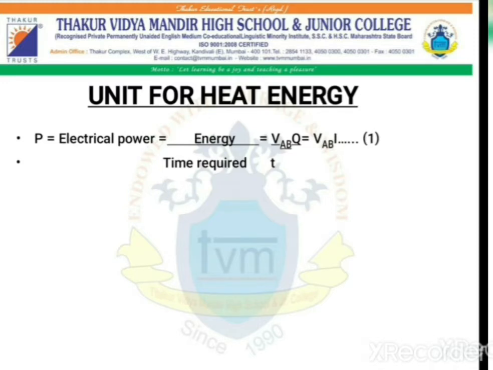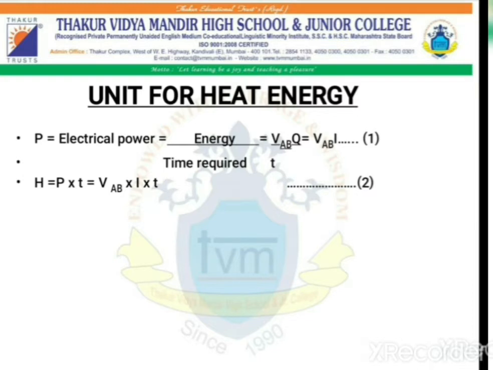Now Q upon t is equal to I, because in the earlier class, 9th standard, we have done Q equals I into t in Ohm's law. Since Q equals I into t, I equals Q upon t. So Q upon t is replaced by I. So we get V_AB into I. Let this be equation number 1.